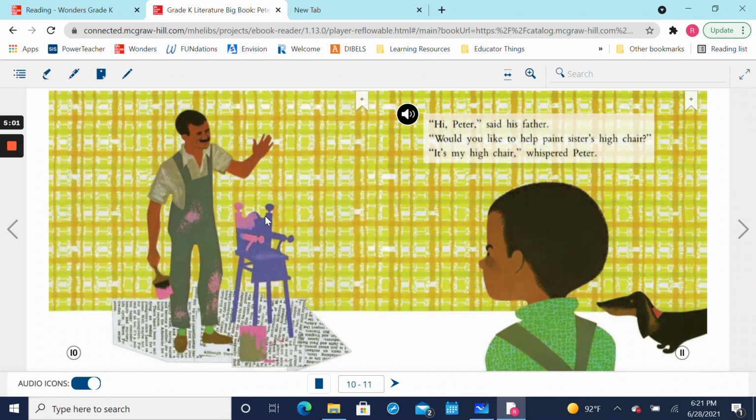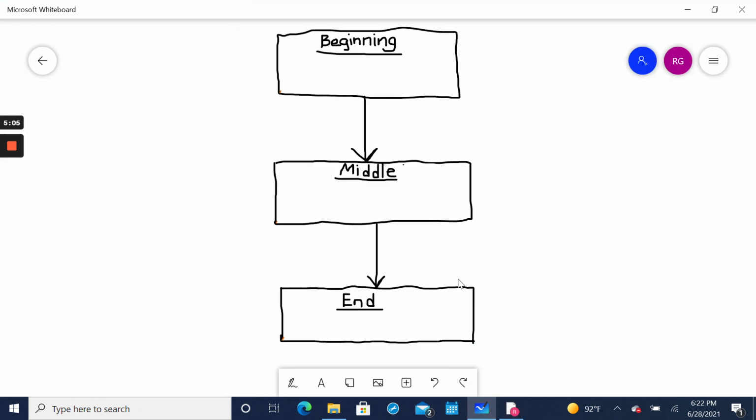So now we know our problem in the story, and we can add that to our flow chart in the beginning. So in the beginning of the story, Peter is upset that his old things are being painted.